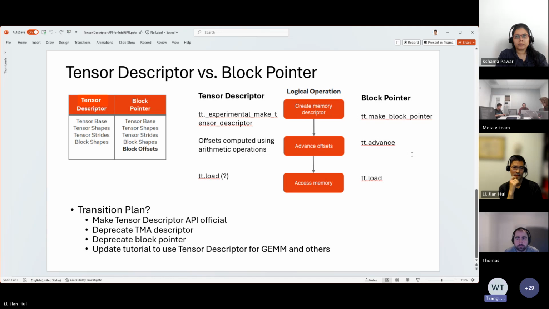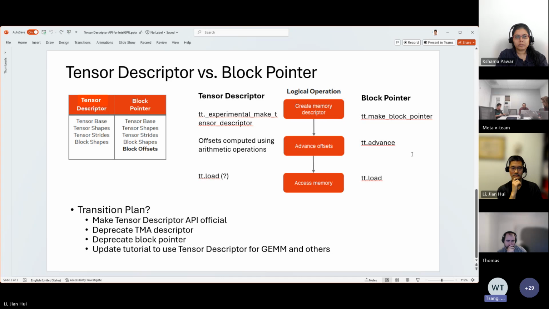I think it's generally good to have one unified API to describe tensor descriptors. Usually now when people write a Triton kernel, they use the tensor pointer, which is lower level, and we attempted to raise it before and found there are a number of reasons it cannot be safely raised back to the block pointer level.